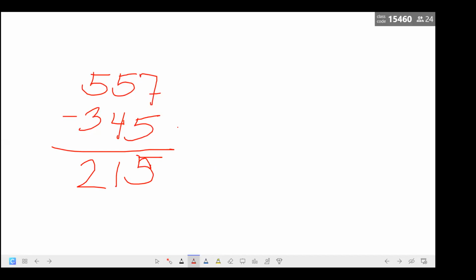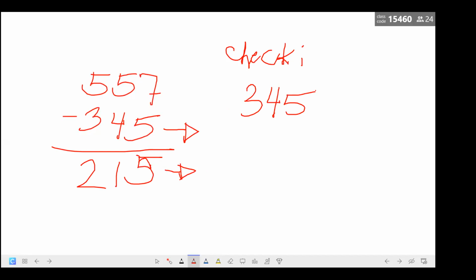How are they related? How do we check? To check if our answer is correct, everyone, let's add the subtrahend and the difference. So that is 345 plus 215, 5 plus 5, can you please answer? Isaiah?